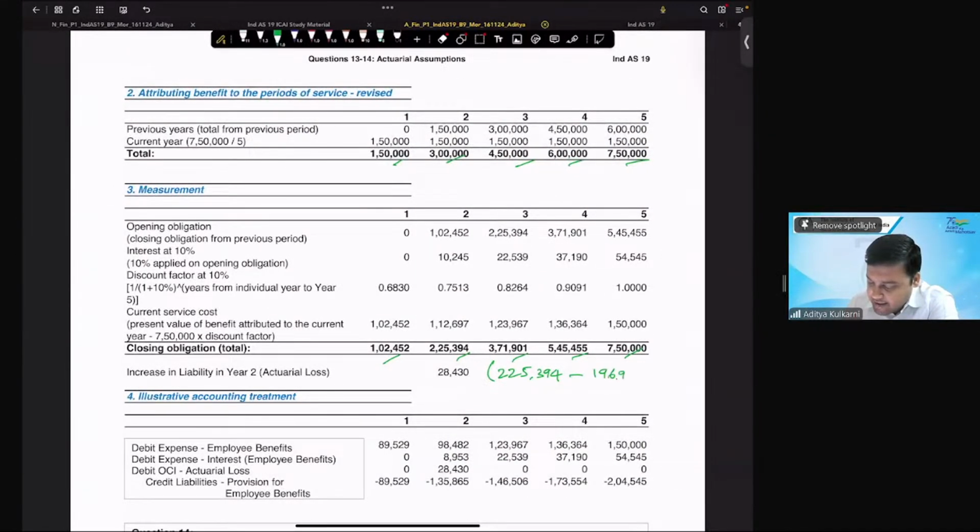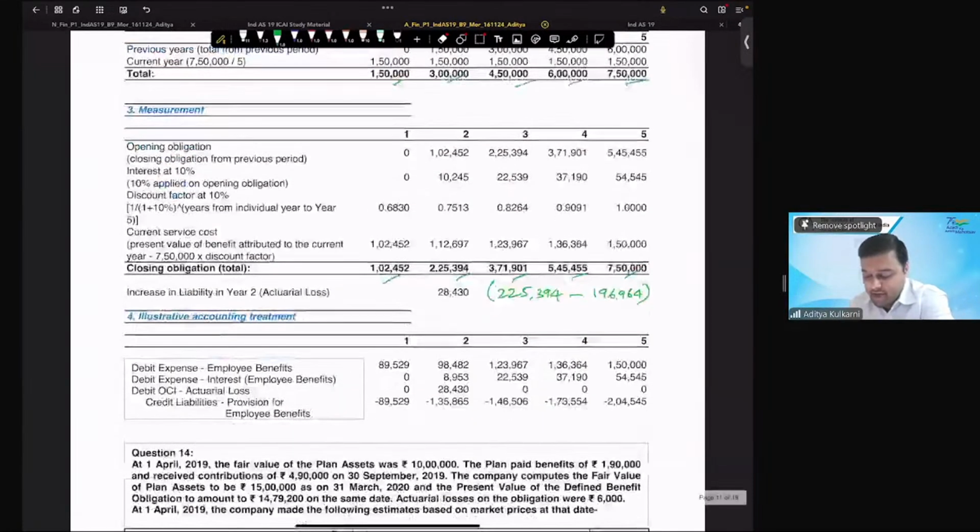So 196,964. So 28,430. Is it a gain or a loss? So increase in liability, so then loss. It's a loss. Yes, it's a loss. Liability has increased from 1,96,000 to 2,25,000. So 28,430 is your loss.